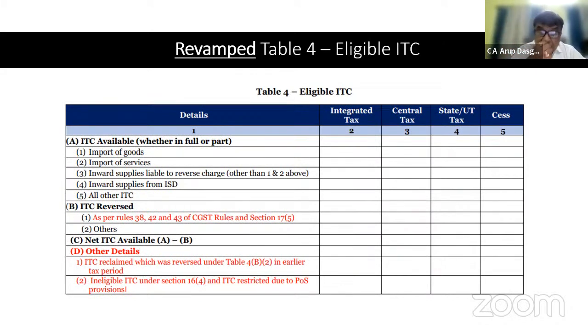Here it says that whatever tax, meaning ITC, is coming, you have to take it in full. After this, if there is something for which you should not take credit, like under Rule 37, where you have not made the payment to the supplier within 180 days, so you have to reverse that ITC amount, you show it in others, and whatever credit you have to reverse for common credit, rule 42, 43, you reverse that in 4B1. So what they have done, now there is one more example, like goods in transit.